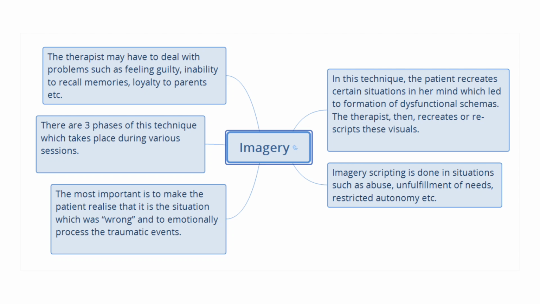And the last problem that may arise is that the patient can feel guilty about not being able to stop the abuse when she was a child. It can be reassuring to explain to the patient what exactly a child of a particular age is capable of doing.